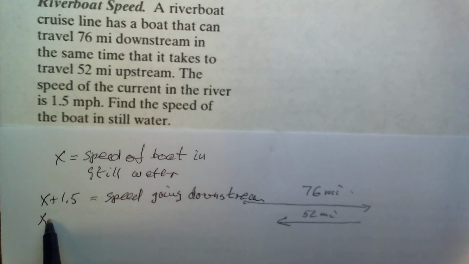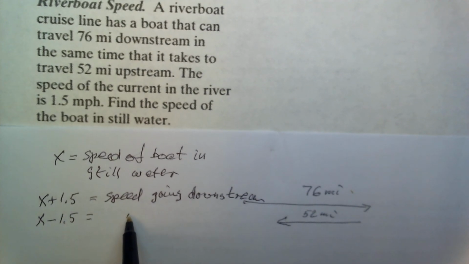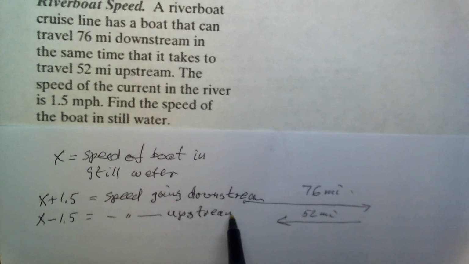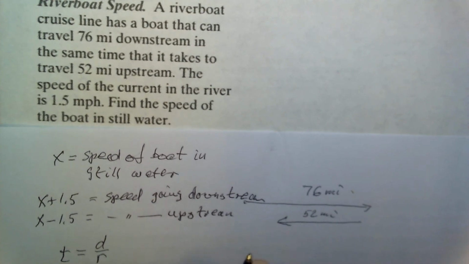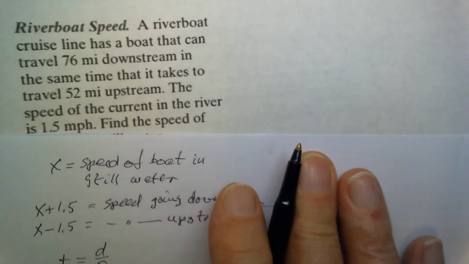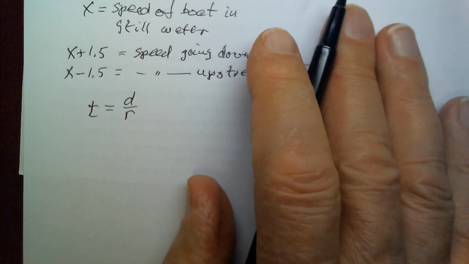And x minus 1.5 is the speed going upstream. And remember that the time is the same, so t equals d divided by r. So we have two distances and two rates, and we know they're the same.